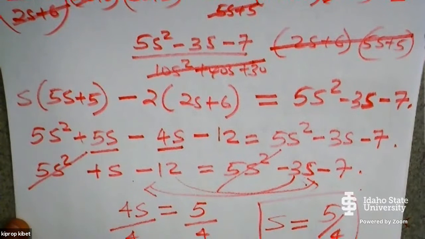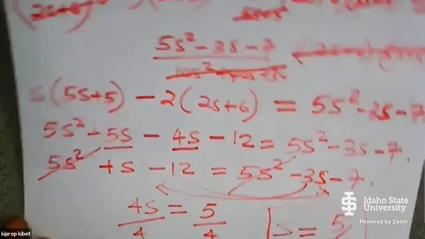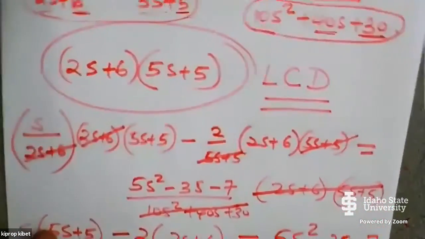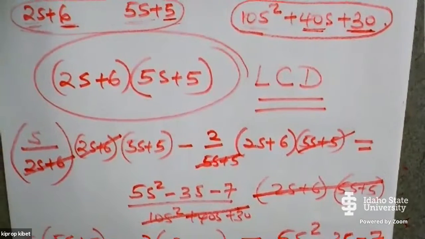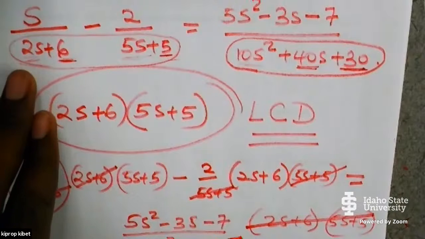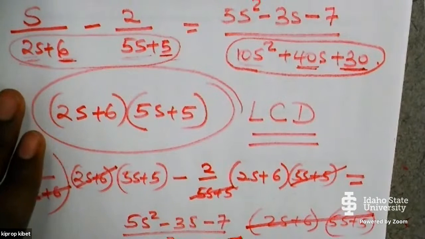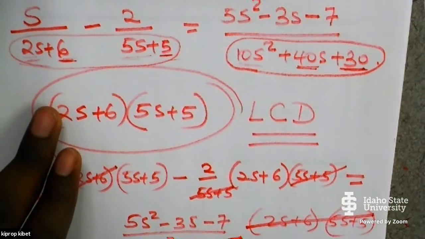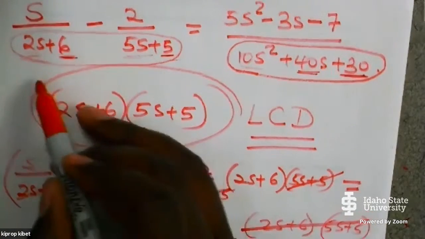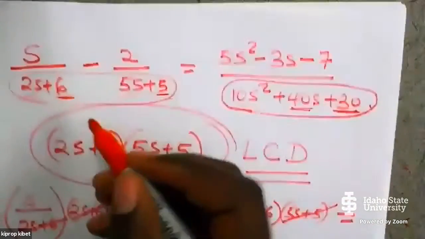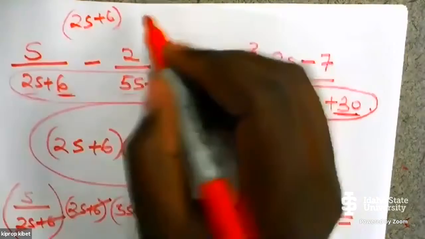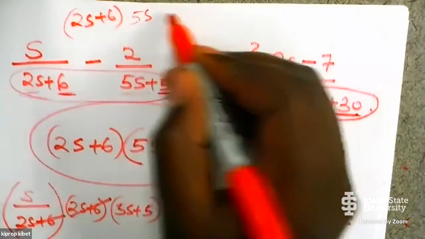I got a question for you. If you go back up to the top, this might sound stupid, but how do you get 40? I see how you get the 10 and the 30, but how do you get the 40? Okay, let's say you're multiplying 2s plus 6 and then 5s plus 5.